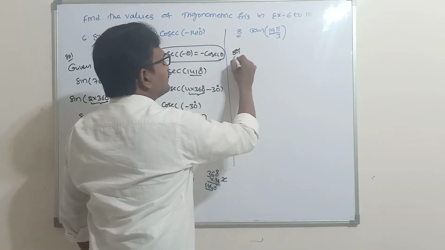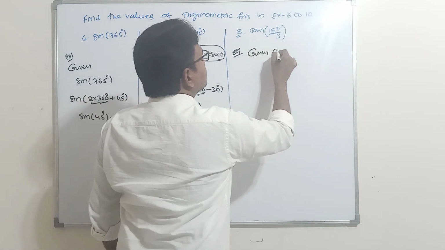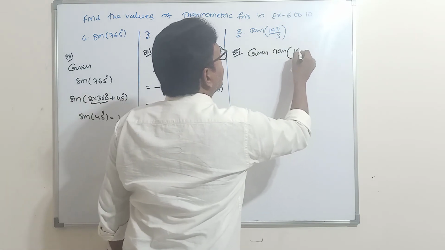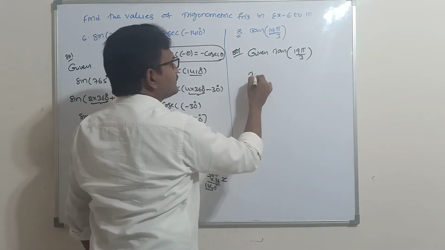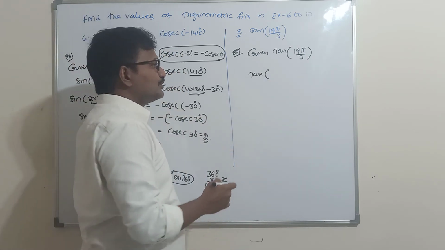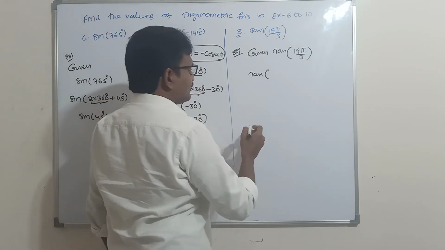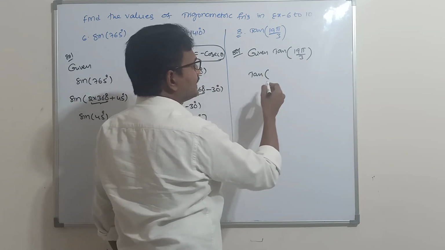Next, if you come to the third problem, given tan of 19 pi by 3. 19 pi by 3 means, make the possible number of multiples of 2 pi, which means 360 degrees, near to 19 pi by 3.